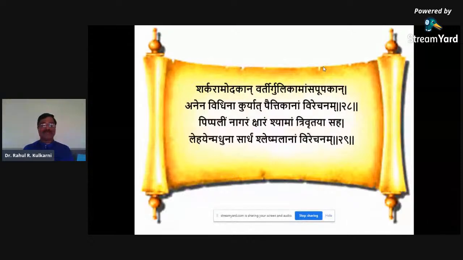But paitikanam here indicates the pitta prakopana in pittaja prakurti person. In pittaja prakurti person, the sharkara modaka, trivrut modaka, which is prepared with the help of sharkara, and they are converted into the form of modaka, varti, gutika, mamsa rasa, pupa, etc. The pathya kalpanas. If these are administered, they are going to go for proper virechana in pittaja prakurti person.